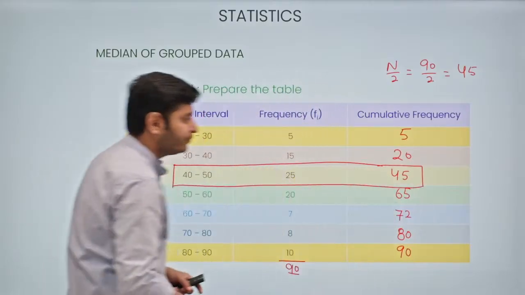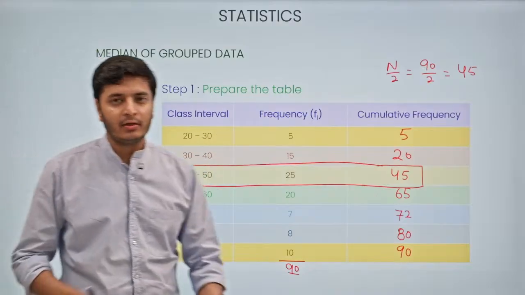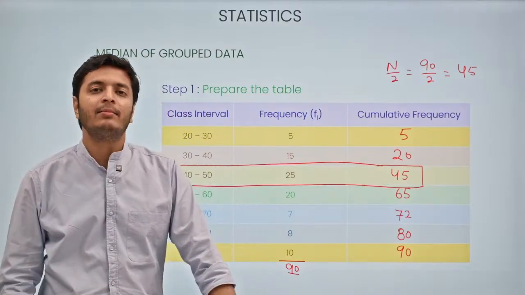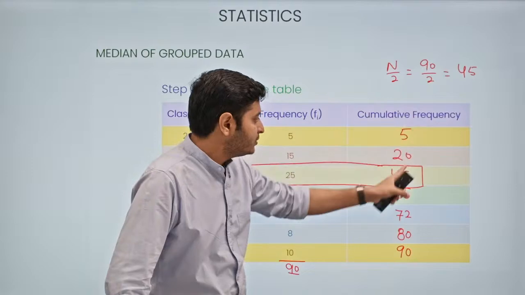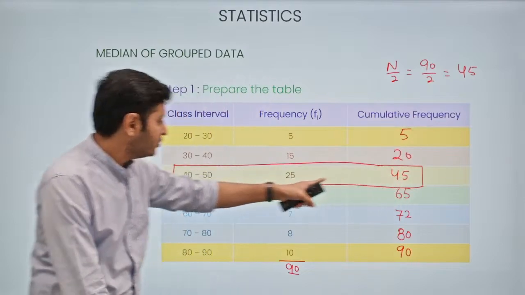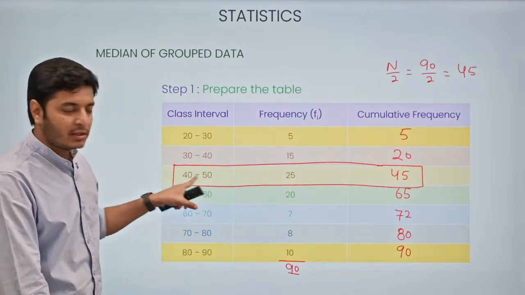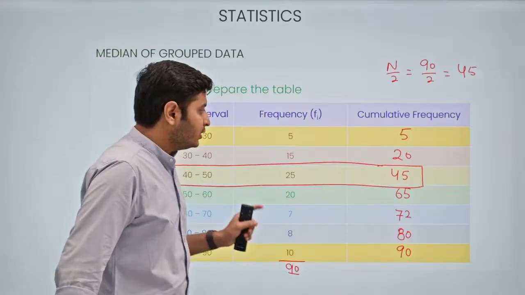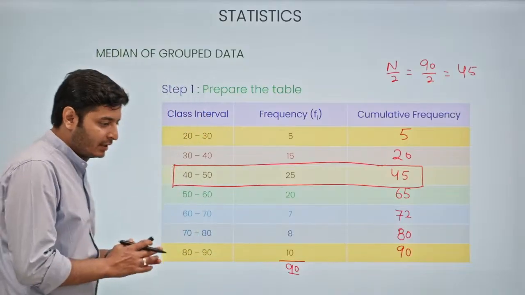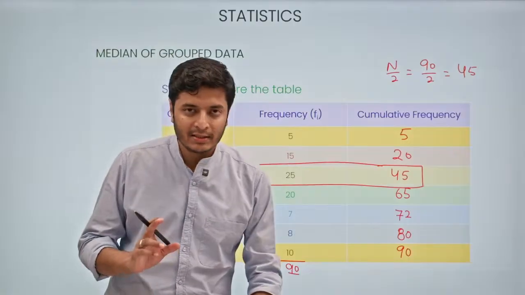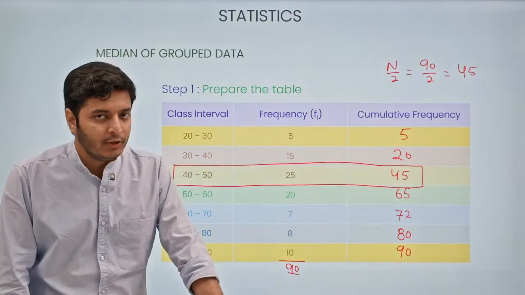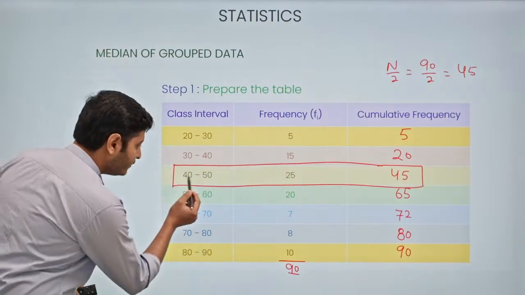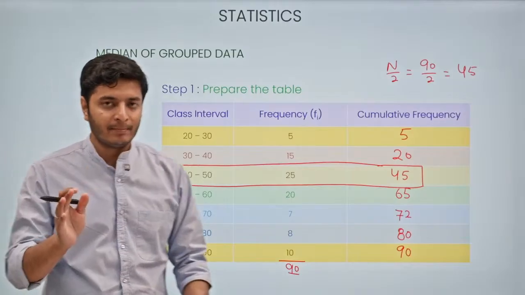I told you, whatever value you get as n by 2, based on that we find the median class. So this value matches this cumulative frequency, so against this one, this is our median class, 40 to 50. So now what is our L? The median class tells us that the value of the median will lie between these two values only, 40 to 50.